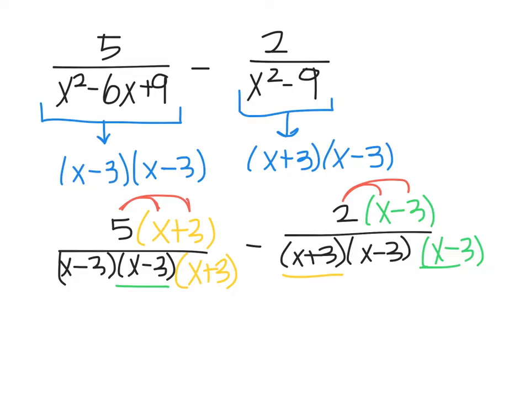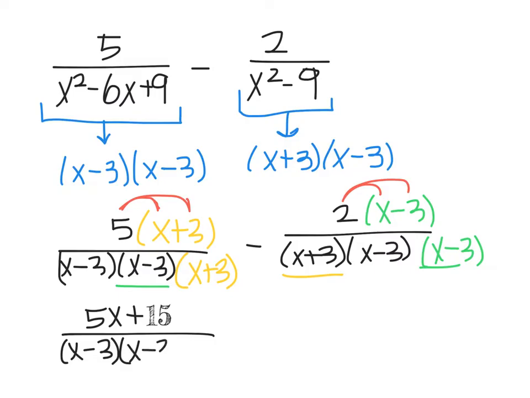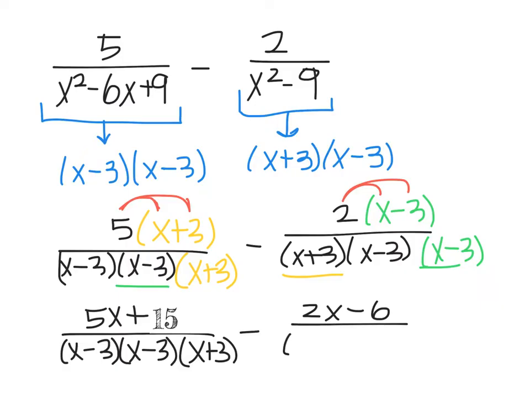That gives us 5 times x plus 3 over x minus 3, x minus 3, and x plus 3, and then minus 2 times x minus 3 over x plus 3, x minus 3, and x minus 3. Since both of our denominators are now equivalent to each other, we can evaluate the numerators. Let's do that on the next page.